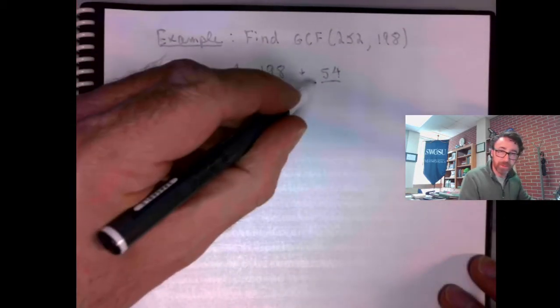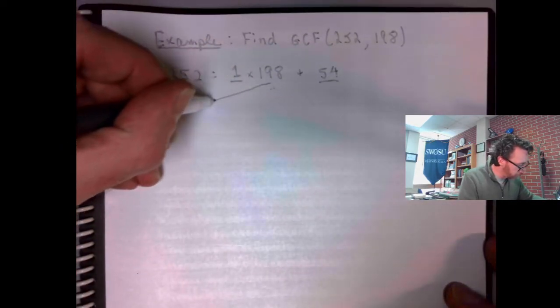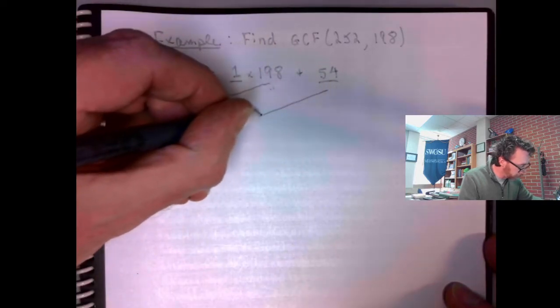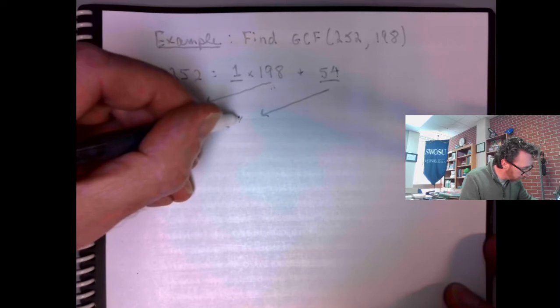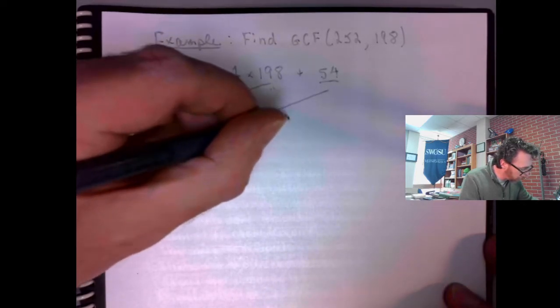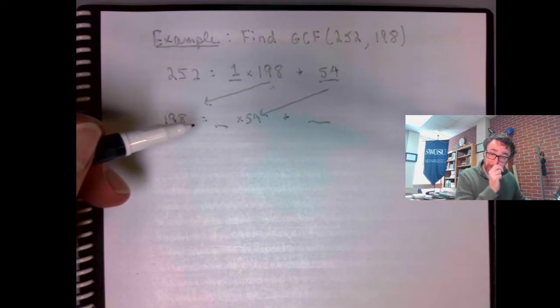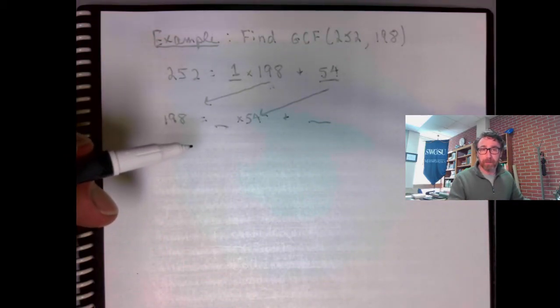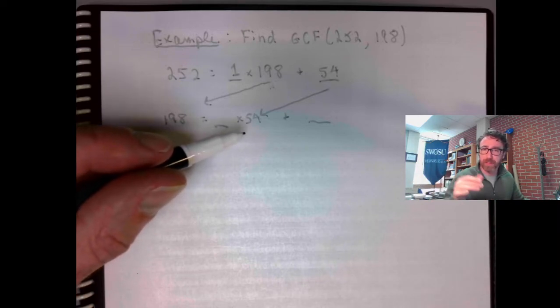Okay, there's the quotient, there's the remainder if I were to do the division. Okay, so we shift everything over. 198 equals what times 54 plus what? Okay, well, 54 going into 198. Let me see. If I hit this with a 4, I'd be over 200, so that's too big.